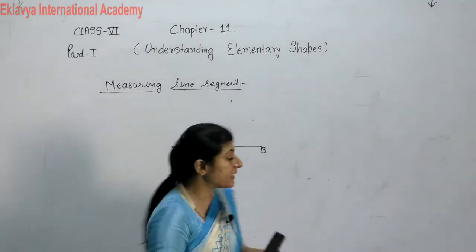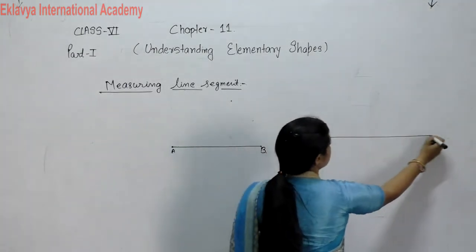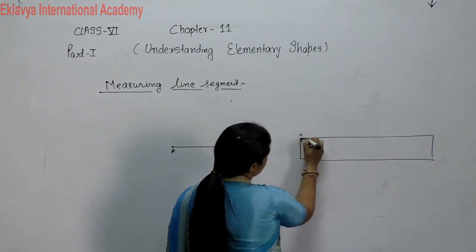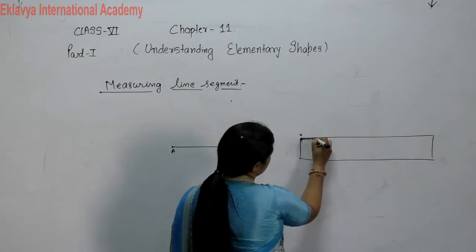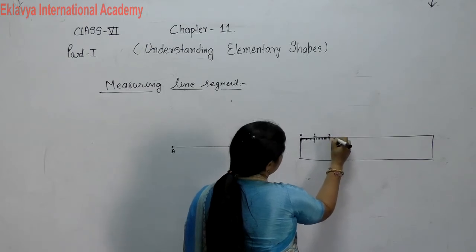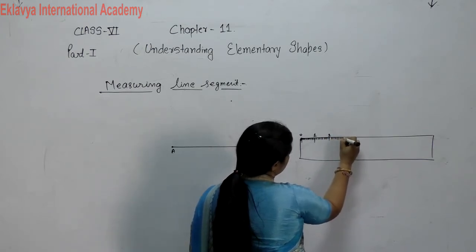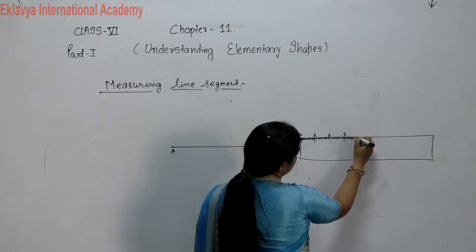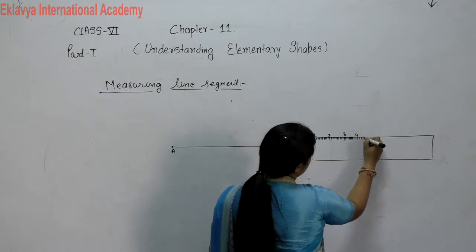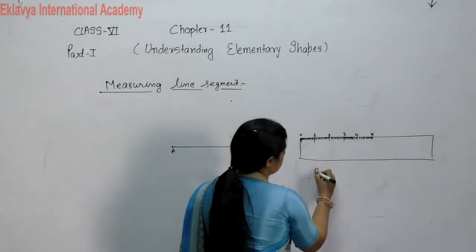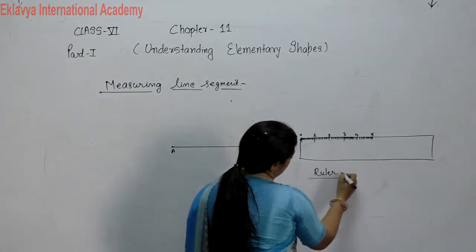What will we do? There is one instrument, everyone knows about this. Like this. This is called a ruler, or you can say scale.